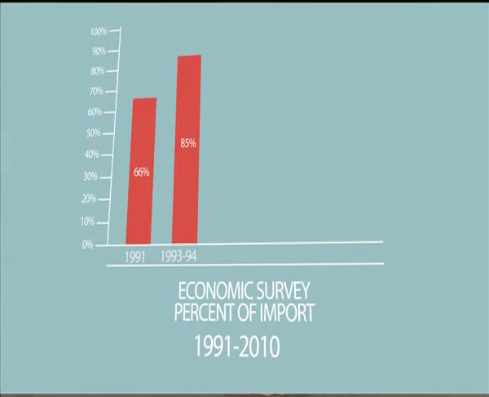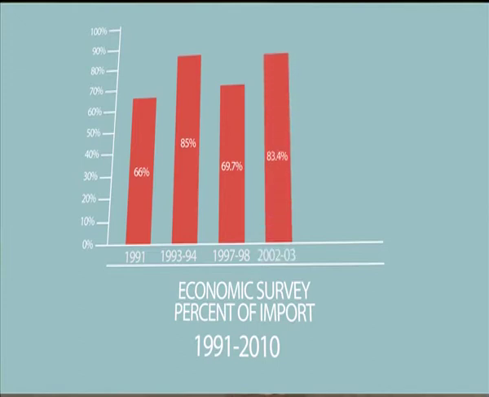Economic Survey of 1994-95 ascribed this change to open market driven and liberalized economy facilitated by structural change. This euphoria was short-lived as the ratio soon dropped to 69.7% by 1997-98. Situation again improved and the ratio reached 83.4% in 2002-3.